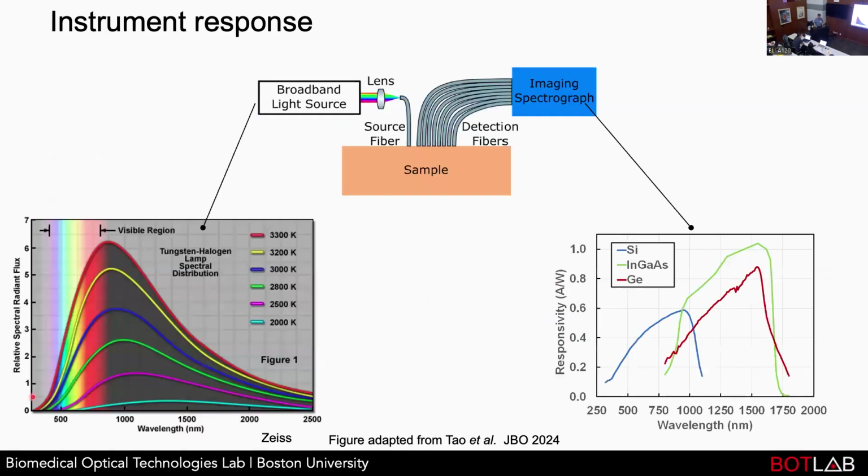Say you have this setup with a broadband light source and a spectrometer. The light source doesn't have equal light output at every wavelength. It can look quite different depending on its color temperature. Likewise, your detector will have different quantum yields at different wavelengths. And you have to take all that into account. And how do you do it? Otherwise, you're measuring some combination of your system sensitivity and your actual sample.